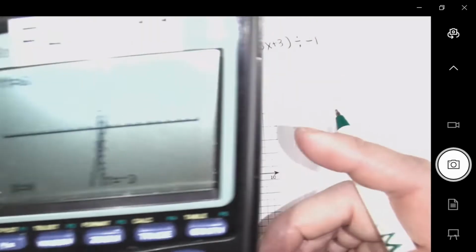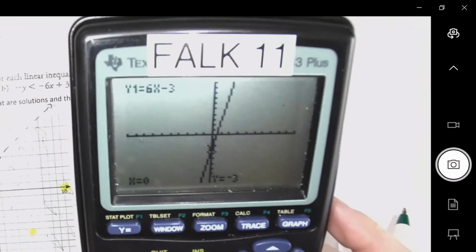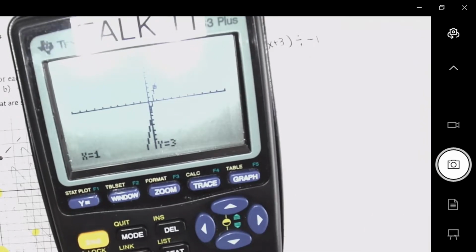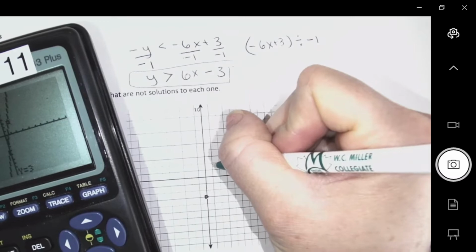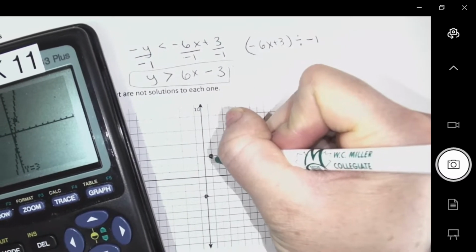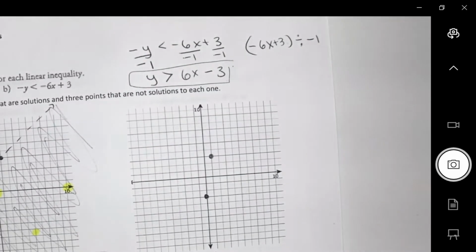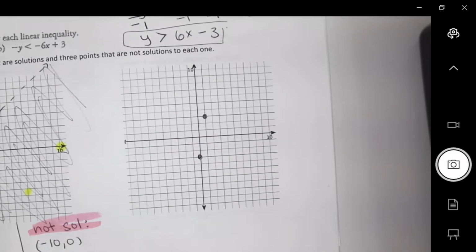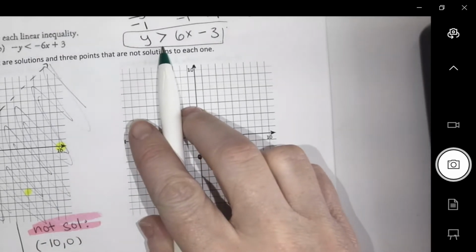So 0, -3 is a point, and I need any other point, so 1, 3. I just hit 1, enter, and it shows me another point. Solid or dashed, those are our options. So we are not equal to this line.